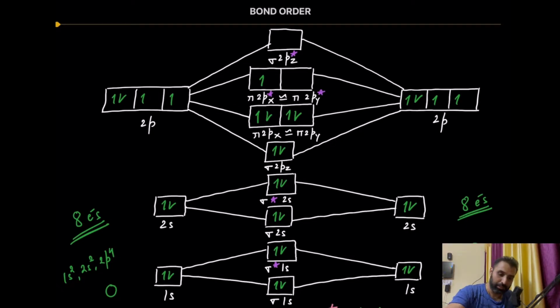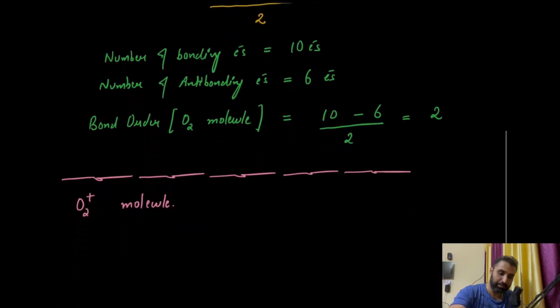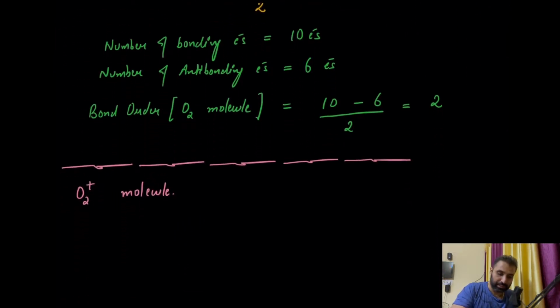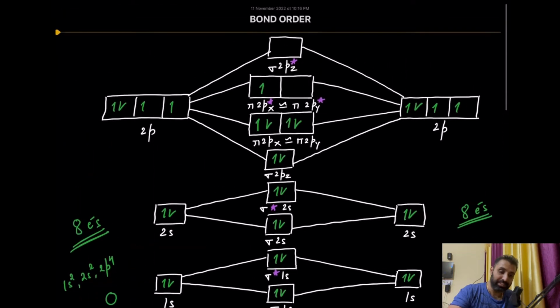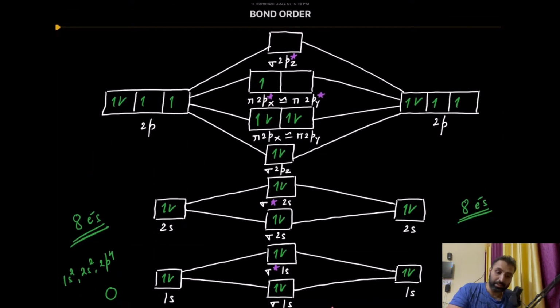Now for the O2 positive molecule, let's evaluate the bond order. For that, firstly I'm writing the number of bonding electrons. Let me clear one thing: I have deleted the electron from the molecular orbital which was filled last, and it was pi star 2px and pi star 2py.